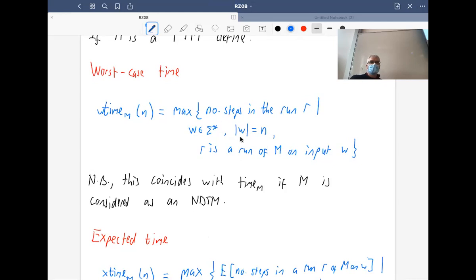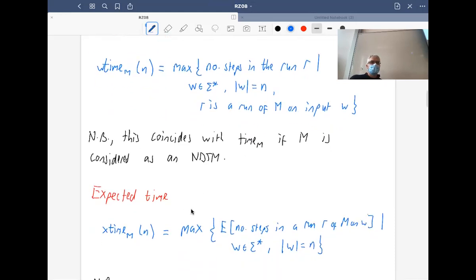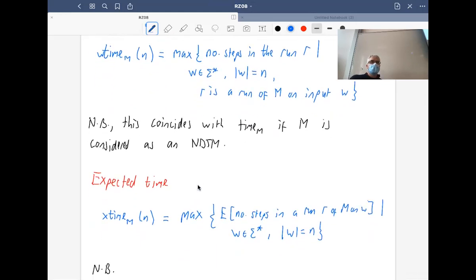Whichever notion of runtime we use, we're getting an efficient definition. But I think it's better and more intuitive to start with the notion of runtime that is more appropriate for probabilistic computation, and that's expected time.